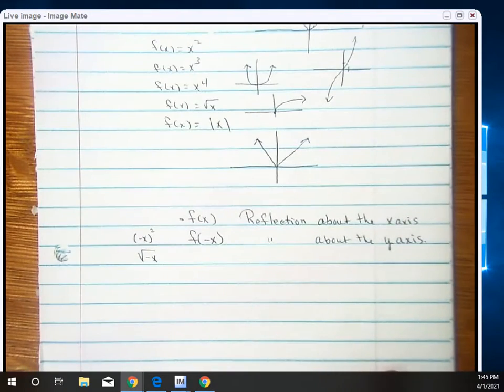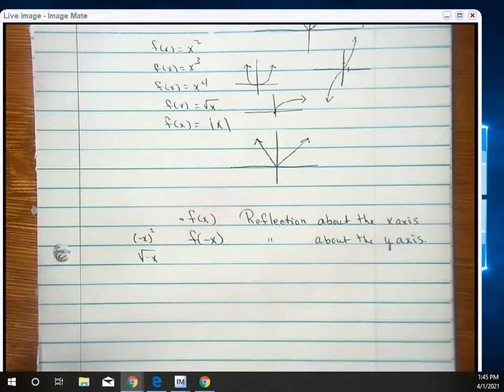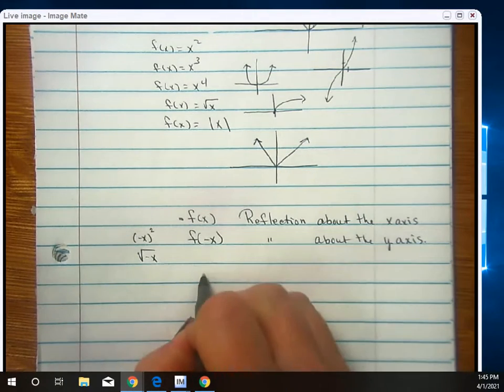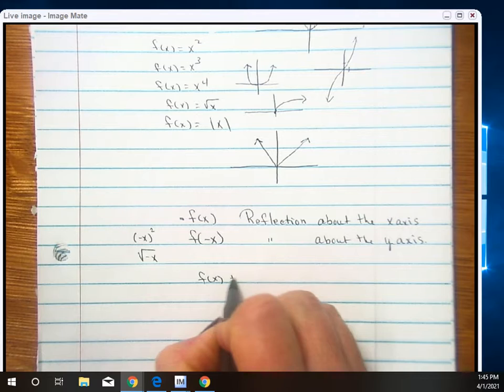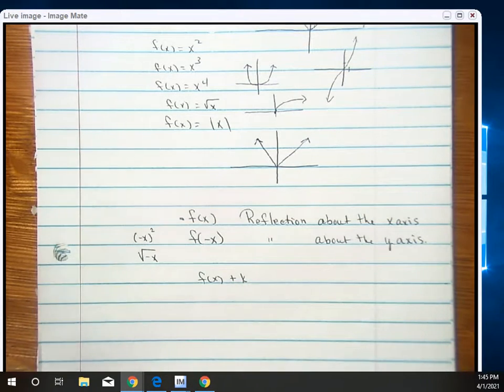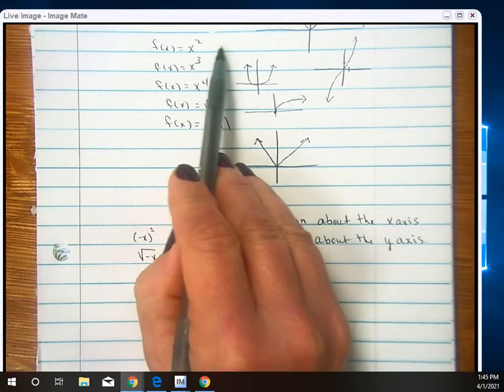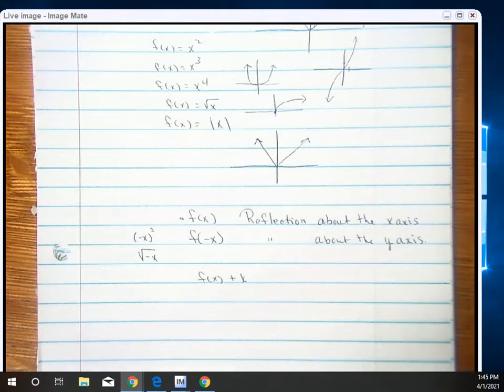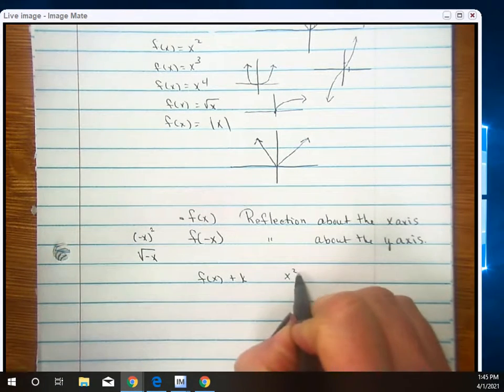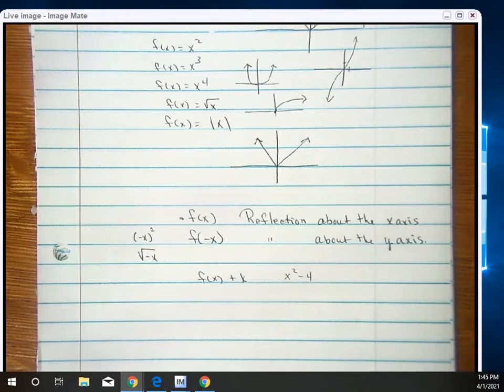Okay, now, thinking of your graphs that you did yesterday. If there is a plus or minus value, so x squared minus 4, it moves where the intercept is.